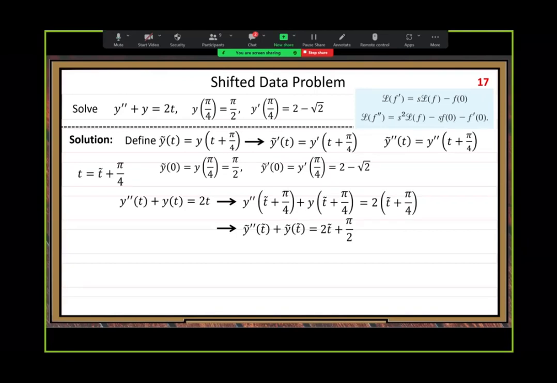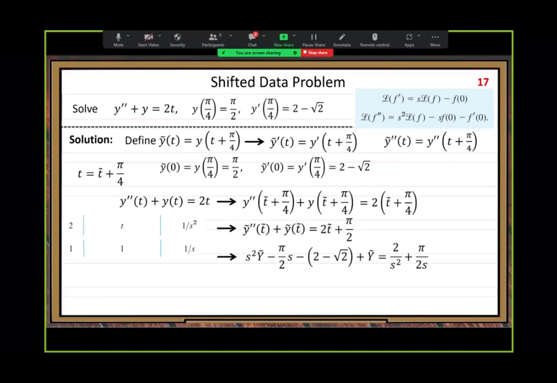The reason we use the tilde function is that we want to make the initial condition right, the format right at the zero point. That's the main reason. After that, we just do the standard Laplace transform. We know how to do it, with the basic formula.